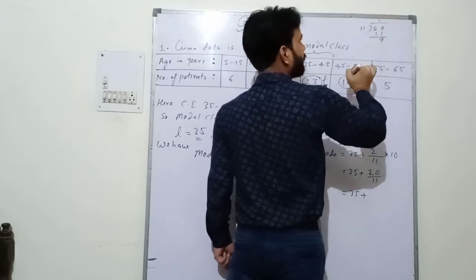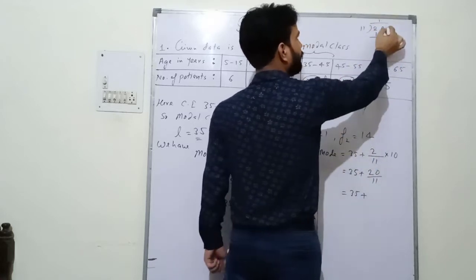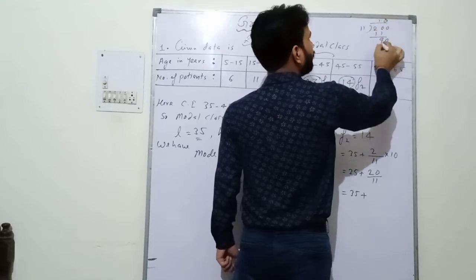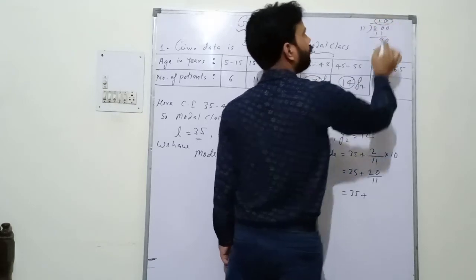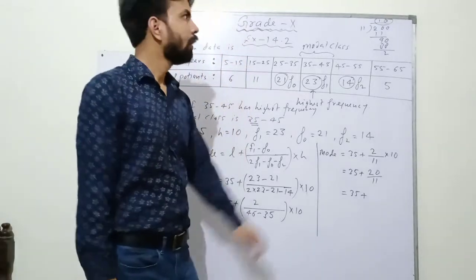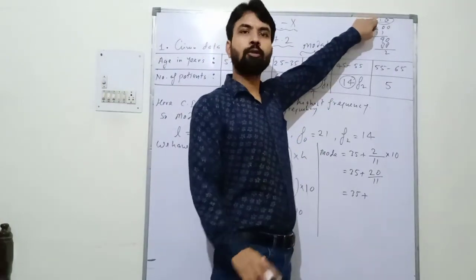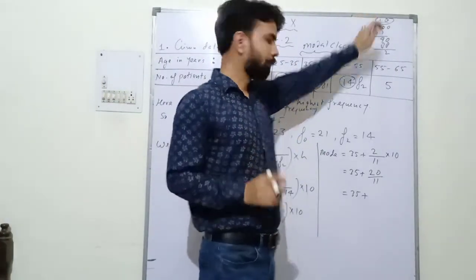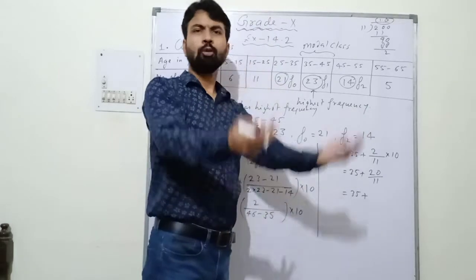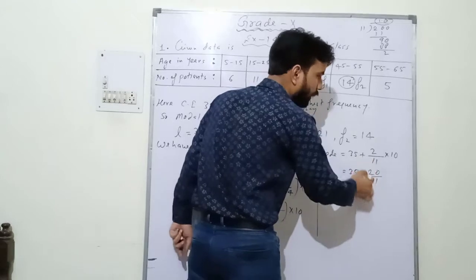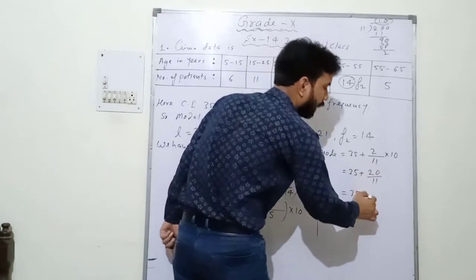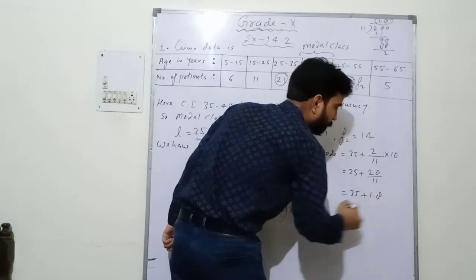Putting the decimal here, we will put 0. 11 eights are 88. 2 is left. So what is the answer? 1.8. Clear? We have to find this answer up to one place of decimal, or you can find it up to 2 places of decimal. This is your choice. So 35 plus, on division of 20 upon 11, we will get 1.8.